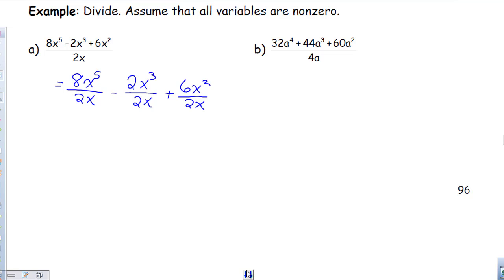The first thing I did was I distributed this monomial to each term. All right, so this reduces to 4x to the 4th minus x squared plus 3x. Okay, questions about that?